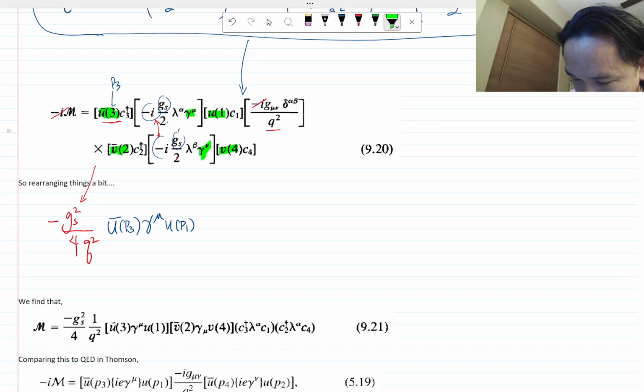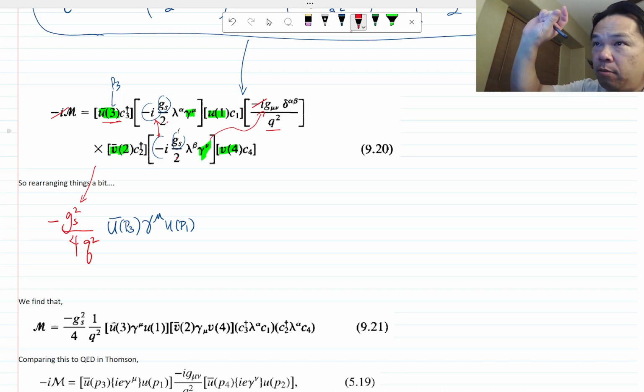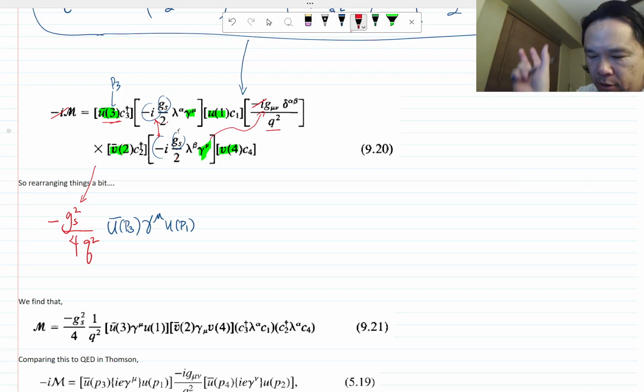What's going to happen is that, since this is a new upstairs, when we multiply that to this gamma mu, it's going to bring that mu upstairs, and multiply the mu upstairs downstairs. It's going to actually bring the mu downstairs.